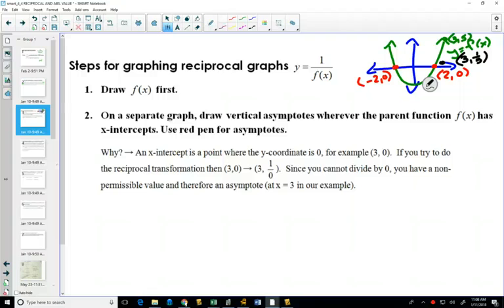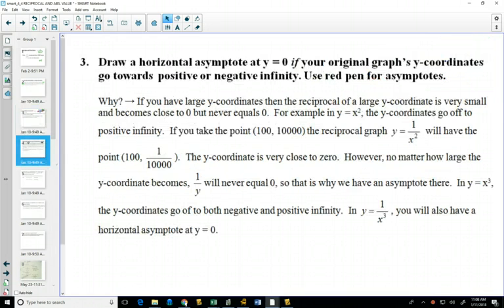As the y values get bigger, 1 over your y value is going to get smaller. So if you had the point (100, 10,000) on your original graph, then that point becomes (100, 1 over 10,000), really, really small. And so we will get an asymptote at y equals 0, a horizontal asymptote.